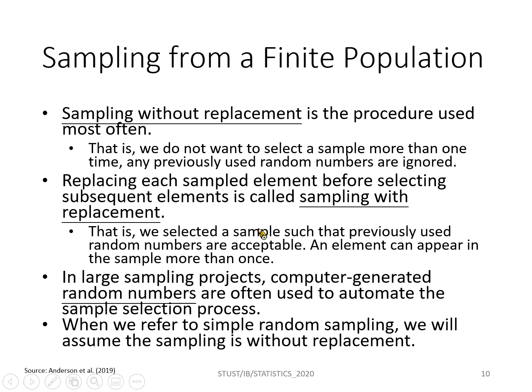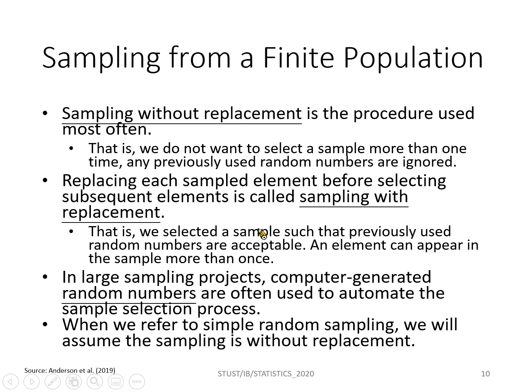Then, when sampling from a finite population, there are 2 possible ways you need to consider. One is sampling without replacement, and the other is sampling with replacement. If we choose it without replacement, that means we do not want to select a sample element more than one time.